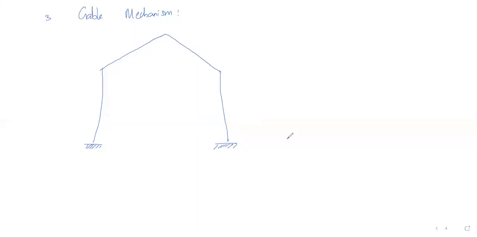So if it is like this, then it can go like this. These things are related to Gable mechanism. So here, and here we can have our plastic hinge. So this is called a Gable frame.